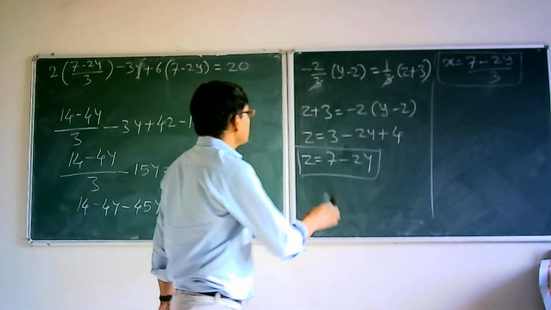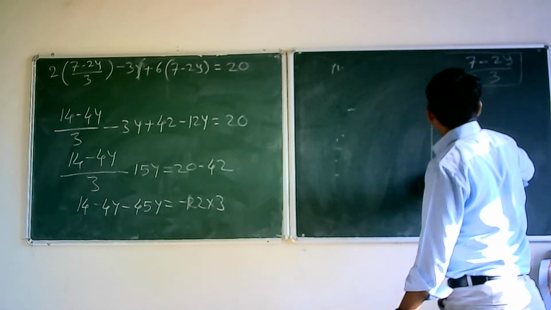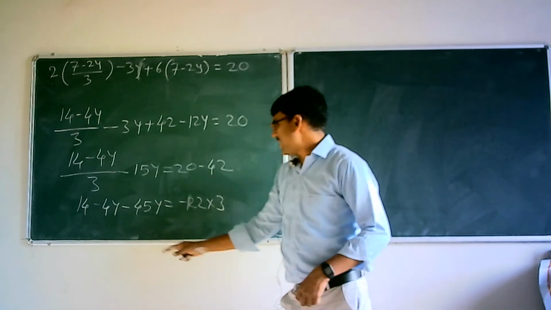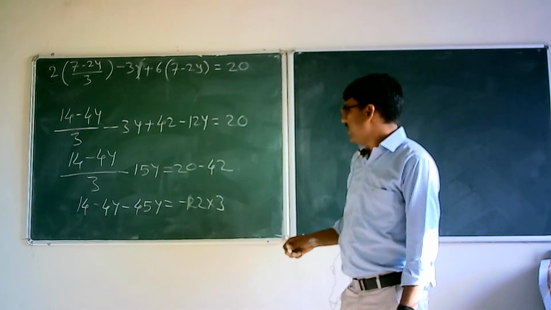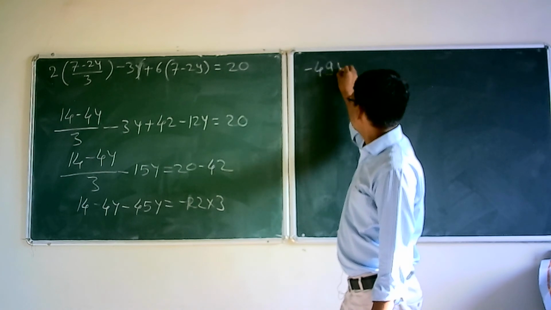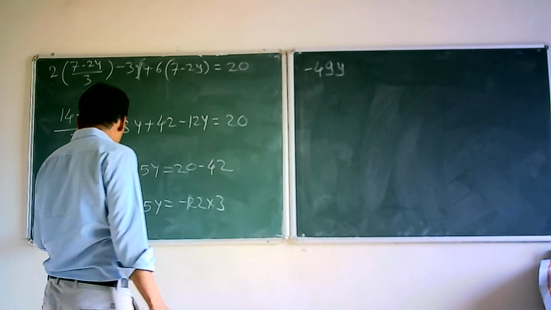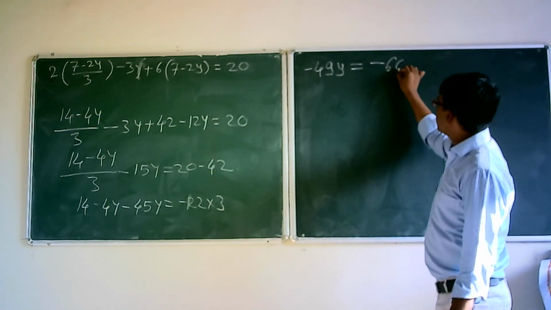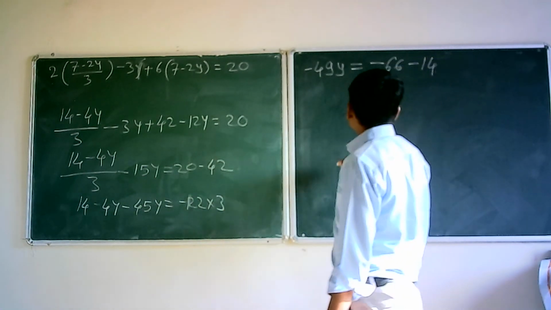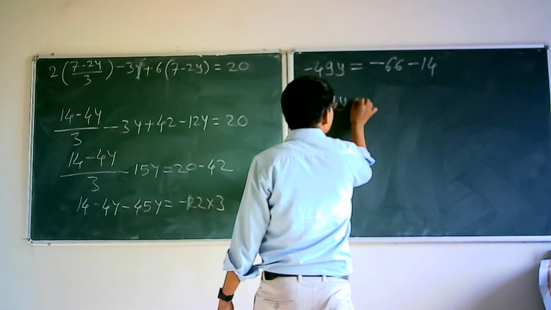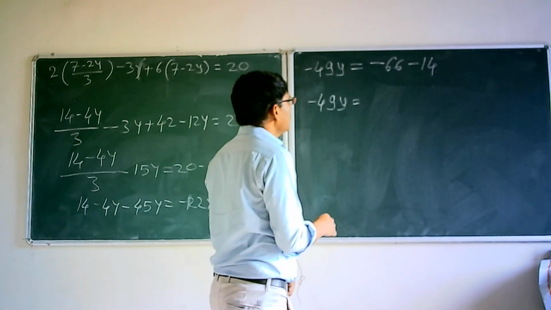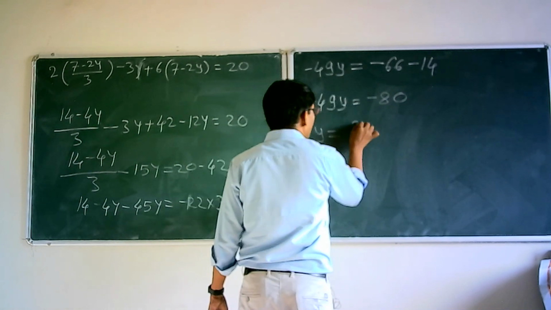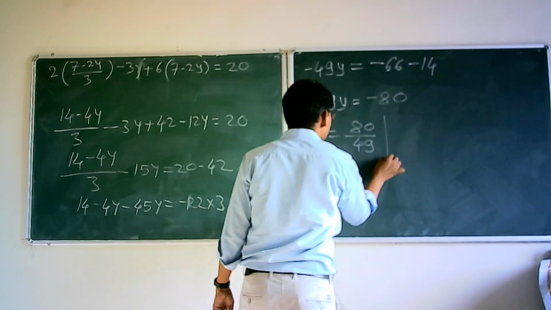Simplifying, minus 4y minus 45y is minus 49y, and taking 14 to the other side, we get minus 66 minus 14. So minus 49y is equal to minus 80. So y is equal to 80 by 49. This is the value of y.